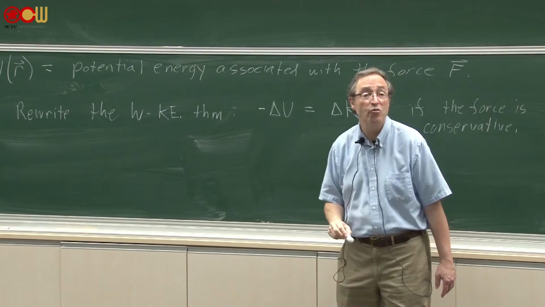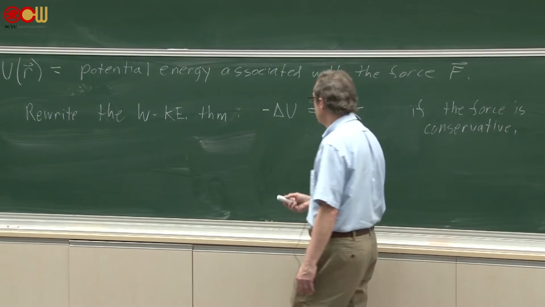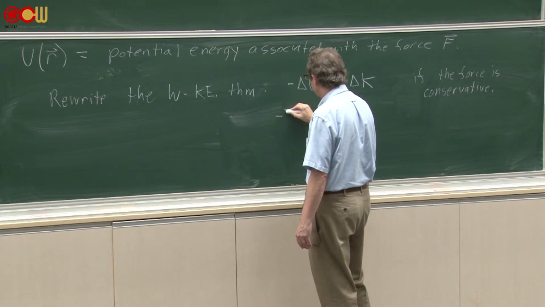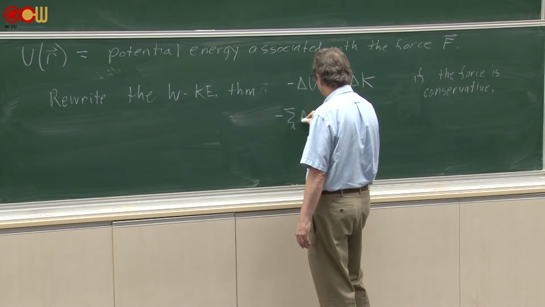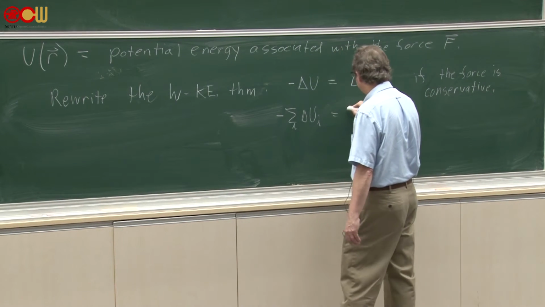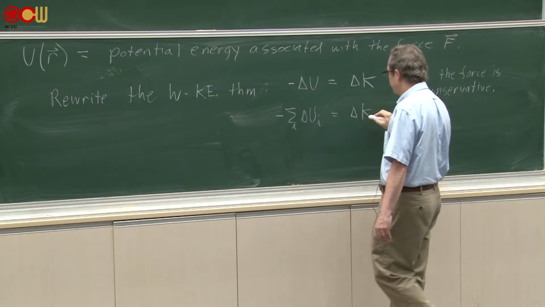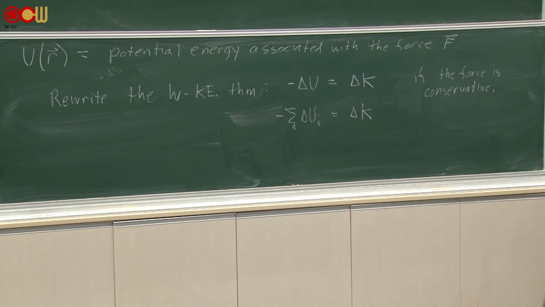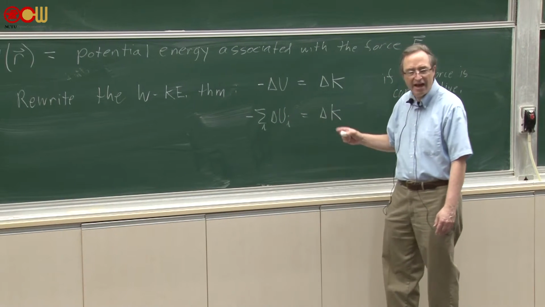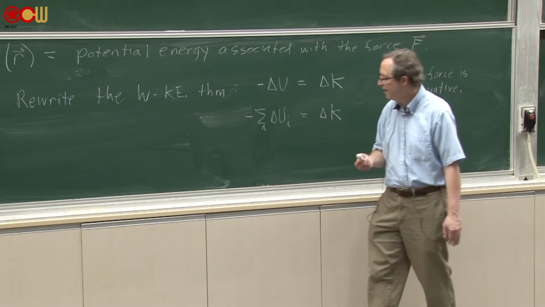And if there's more than one conservative force, we can write the sum over all of them as equal to delta K. So if there's more than one conservative force, and we'll discuss one other one today, we have this, and now I can write it in another way.